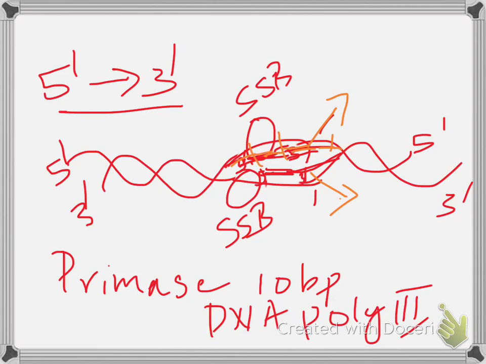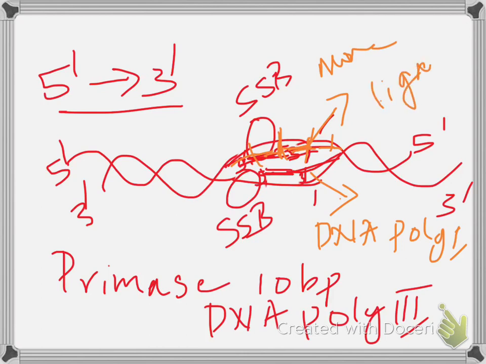The lagging strand requires more than one primer, and these primers are removed by the enzyme DNA polymerase 1, and the gaps are filled by DNA polymerase 1, and the nick formed is sealed by the enzyme DNA ligase. These are the main processes in this replication.